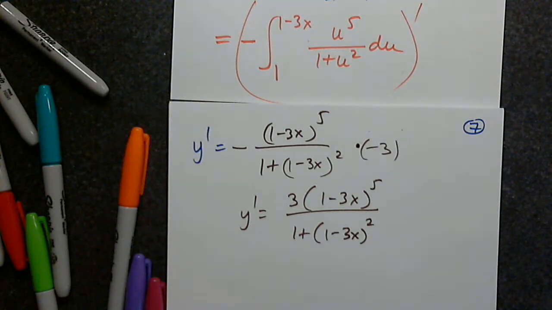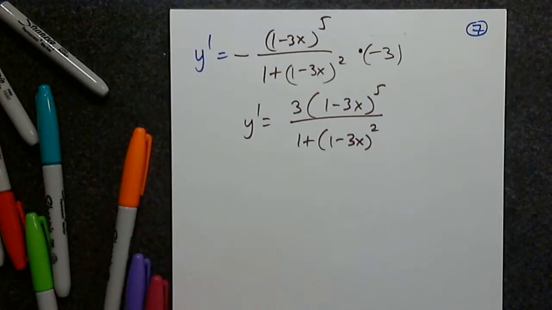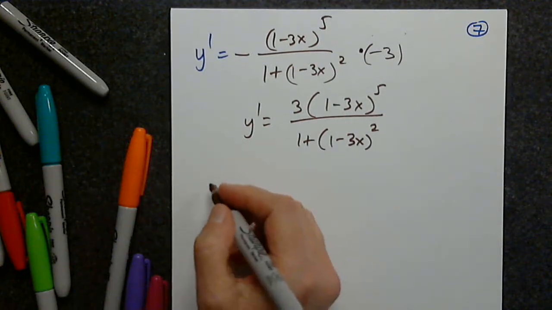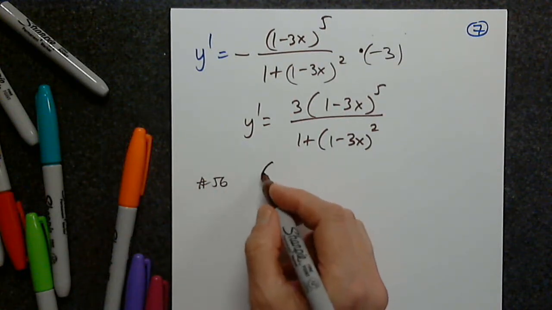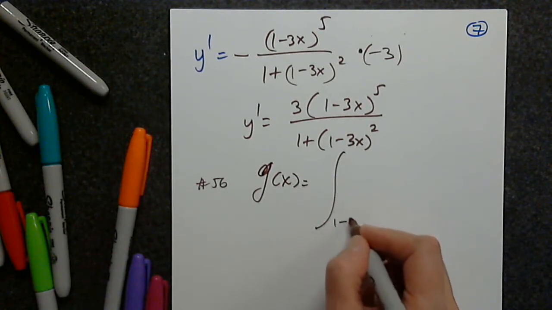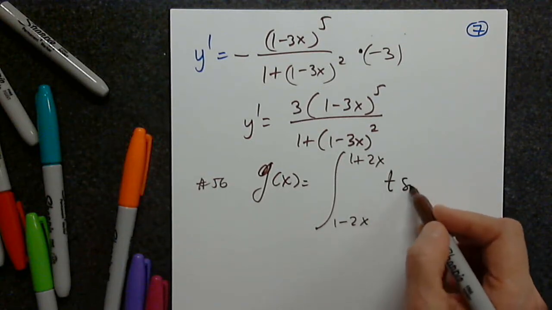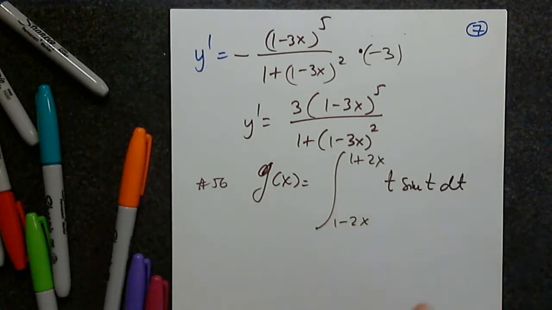Now things are getting a little bit more complicated, but not that much. Here's an example. 56. G of x is also an integral from 1 minus 2x to 1 plus 2x from t sine t dt.